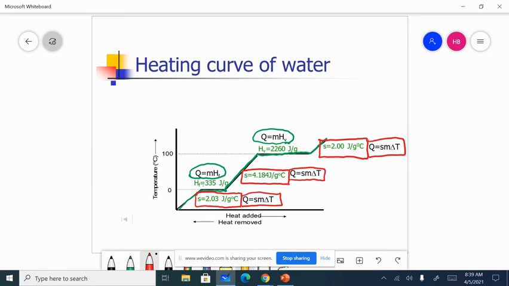The key is when you're using this reference material, Q is going to be in joules, mass, or M, is going to be in grams, and T is going to be in degrees Celsius.